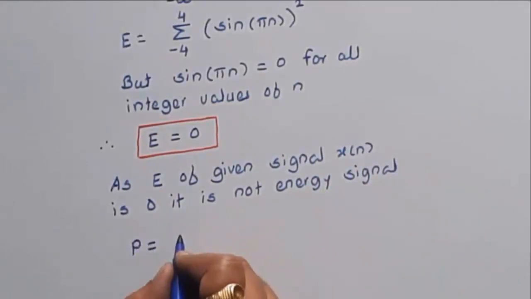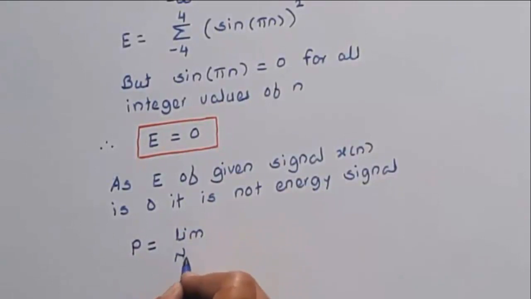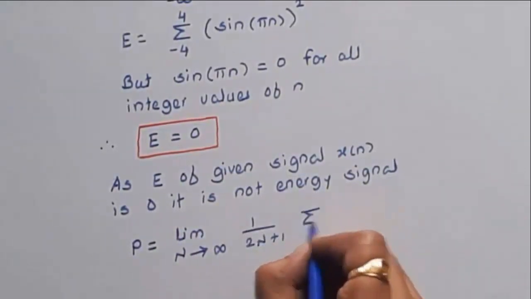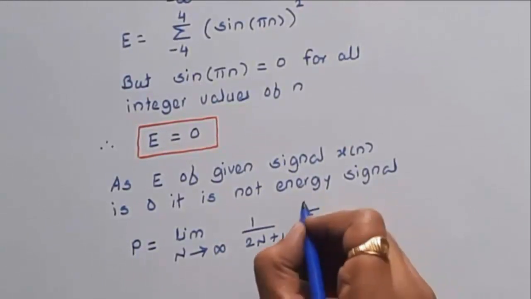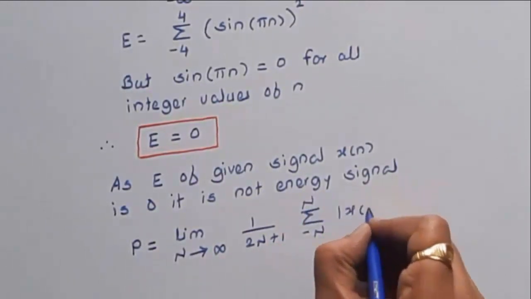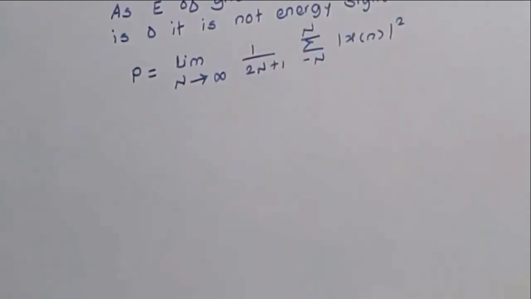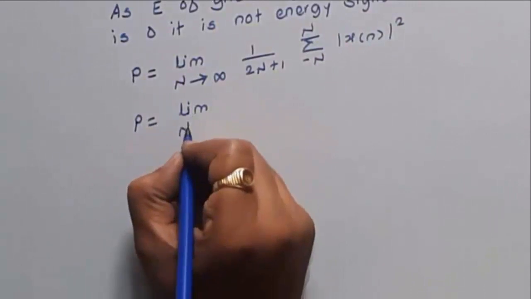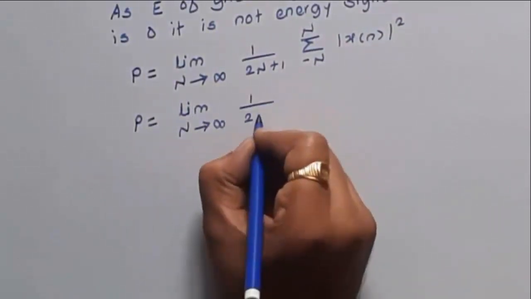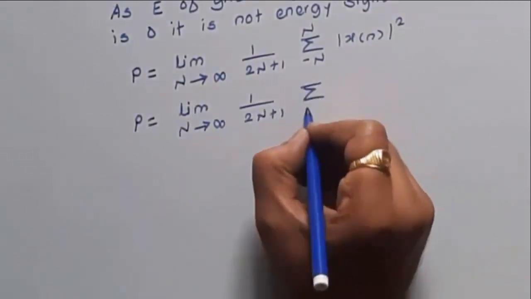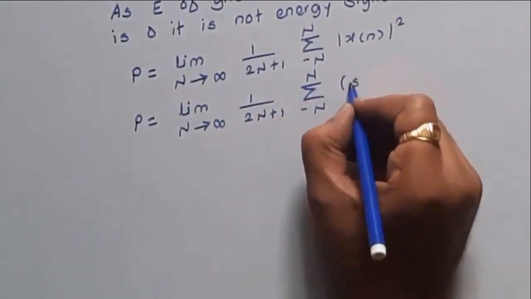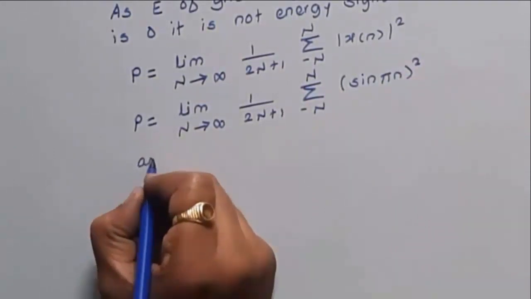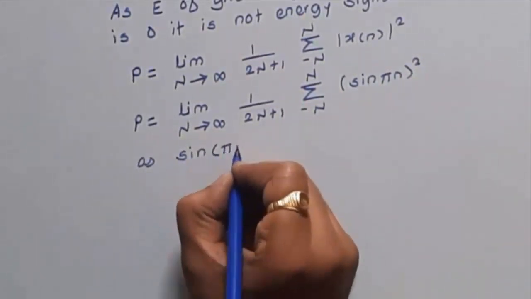Power of a discrete time signal is limit N tends to infinity 1 upon 2N plus 1 summation minus N to plus N mod x of n square. So if you put the limits and value of x of n, here also sin pi n is 0.